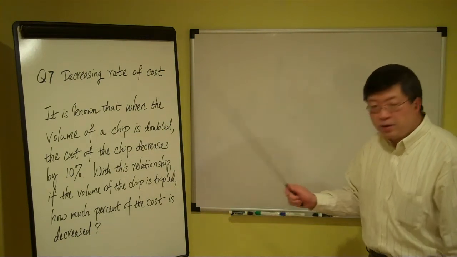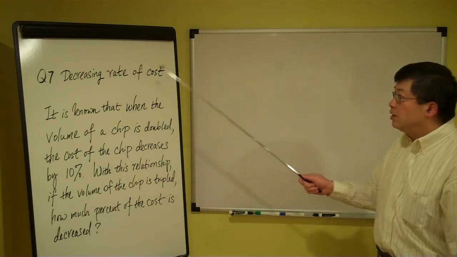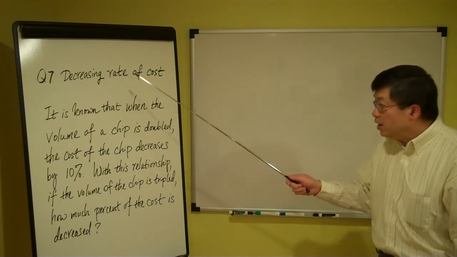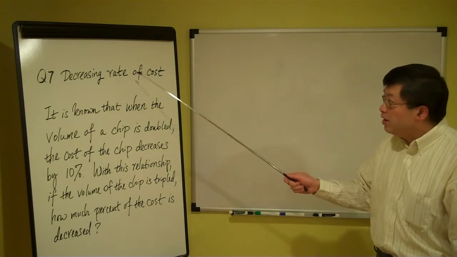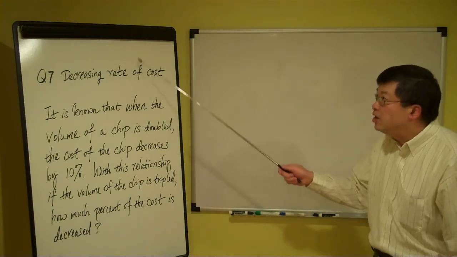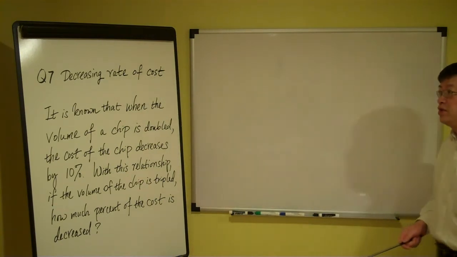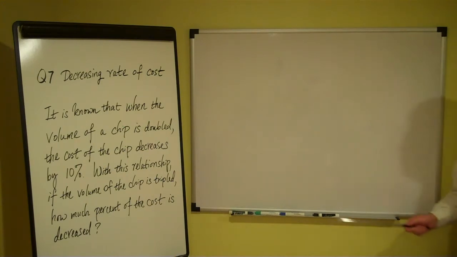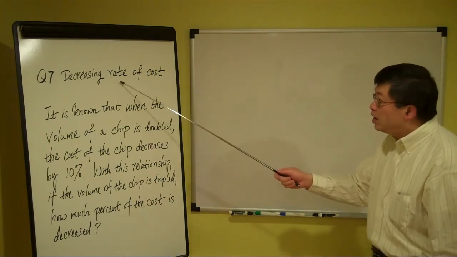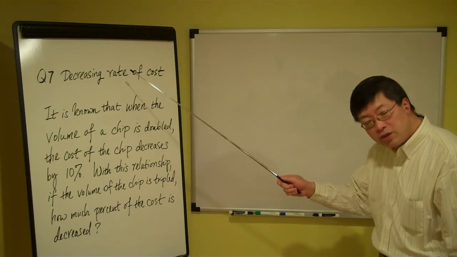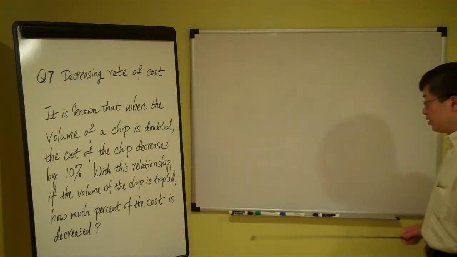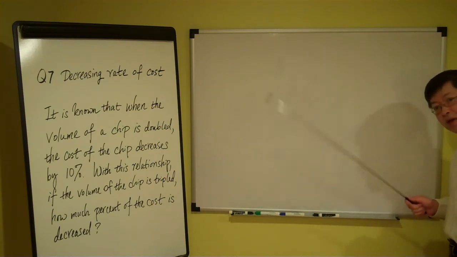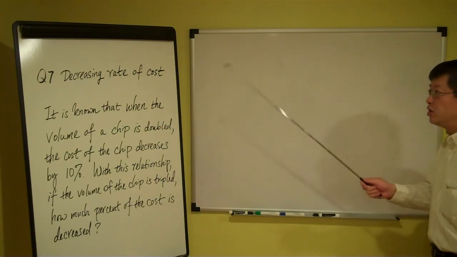There is no rate here, but the rate is hidden. Here we make some assumption there is a constant hidden rate in this question. Otherwise, if the decreasing rate is not a constant, then you cannot solve the problem. So first we need to make an assumption about the decreasing rate.